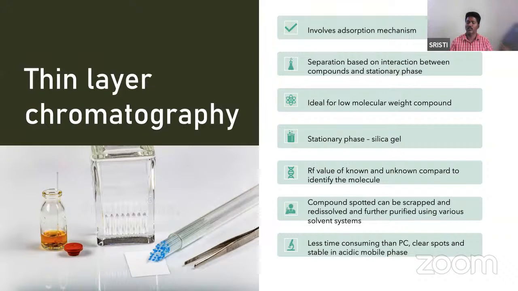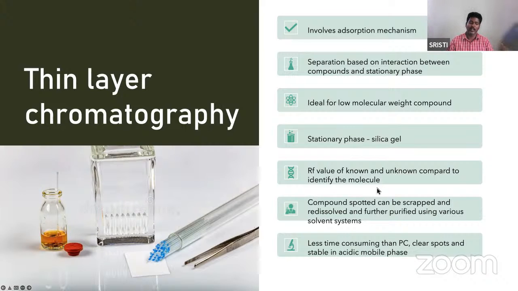It is ideal for separation of low molecular weight compounds, and the stationary phase is mostly silica gel, powder coated silica gel. Similar to paper chromatography, here also we calculate the RF value, and we can also compare with known standards to identify the molecules.